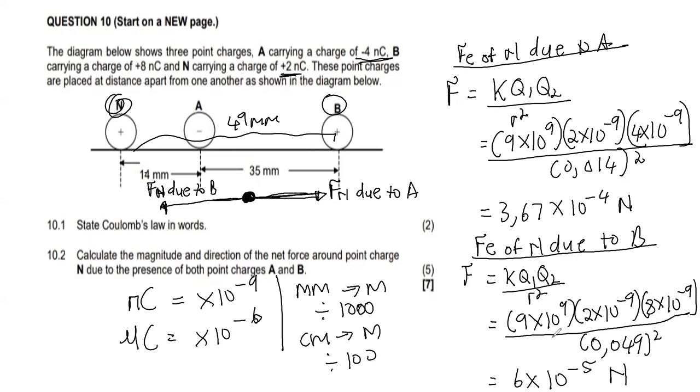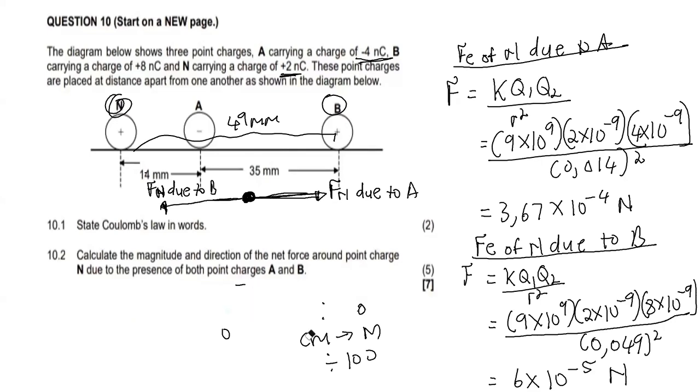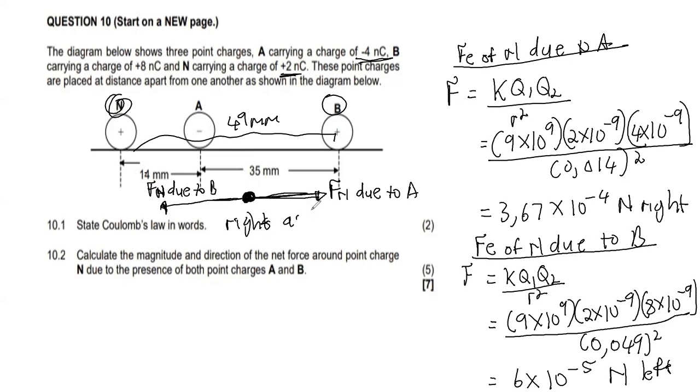Right. Okay, so now that we have these 2, to calculate the F net, this is where we now need to consider the directions. The force due to B was going to the left, as indicated here, and the one due to A was going to the right. If we take right as positive, that means positive for the value on the right, and negative for the value on the left.